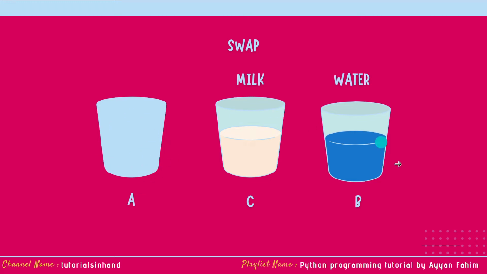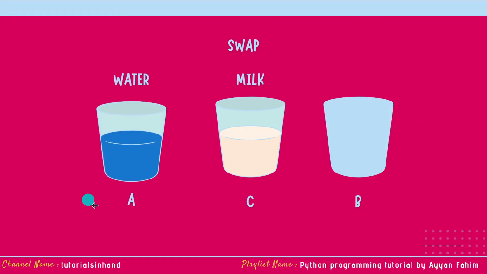Then you could have filled glass A with water, so now A has water, C has milk and B is empty. Then in the last step, you could have filled glass B with the milk which was in glass C. By the moment you do this entire thing, your glass A would be filled with water and your glass B would be filled with milk, and this is what we wanted.